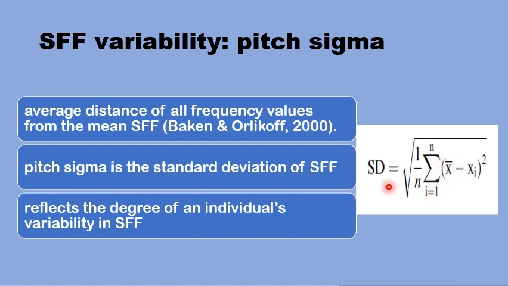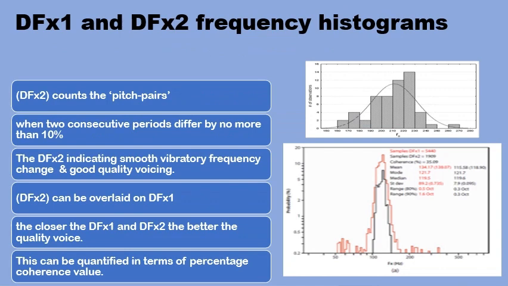This is the speech frequencies standard deviation, the pitch sigma. And this reflects a degree of the variability in the speech fundamental frequency. But a better way of identifying variabilities in the speech fundamental frequencies is this: the difference between DFX1 and DFX2.